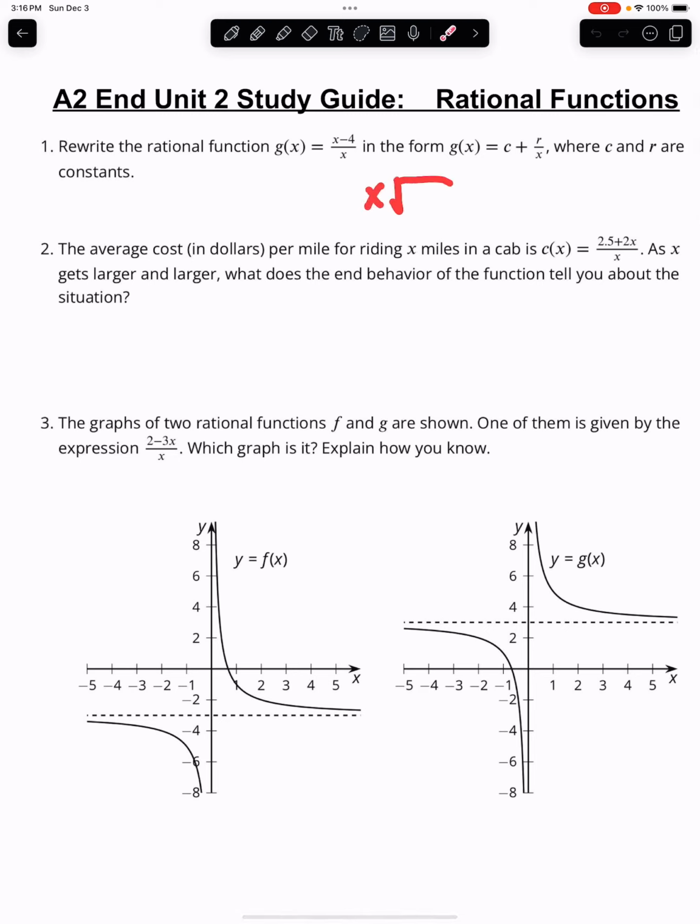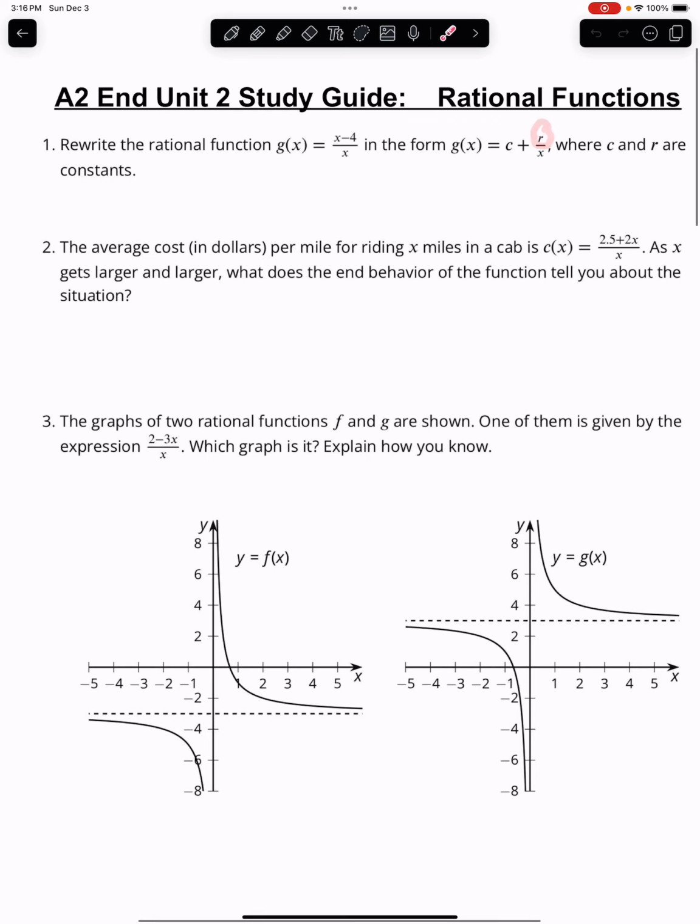When you take x minus 4 and divide it by x, there's going to be some remainder, and that's what the r is. And the x is just that original denominator over here.